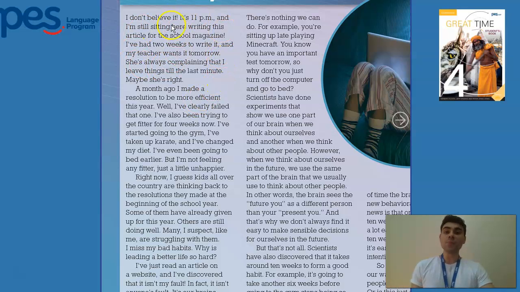Let's see. Here we have, I don't believe it. I'm still sitting here writing this article. I've had 2 weeks and she is always complaining that I leave things till the last minute. And she agrees with the teacher. Maybe she is right.